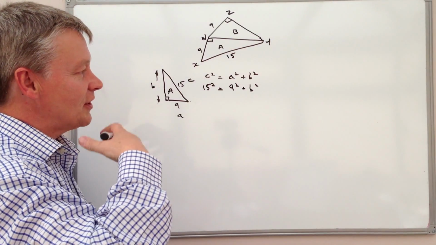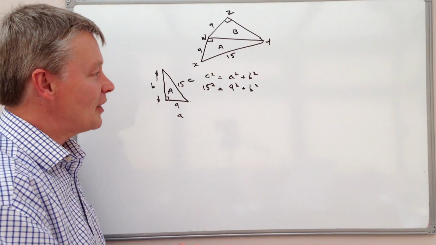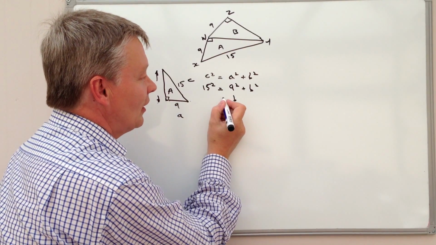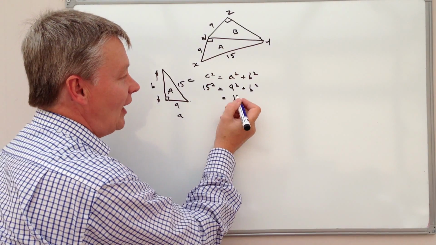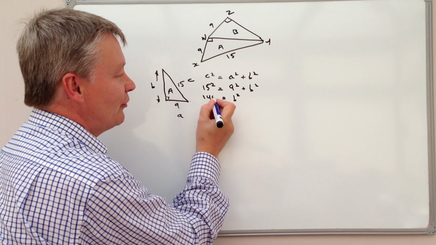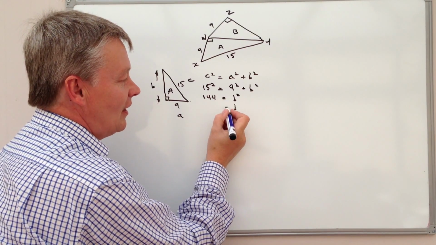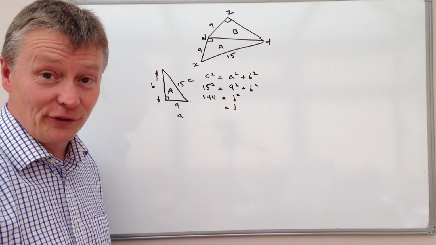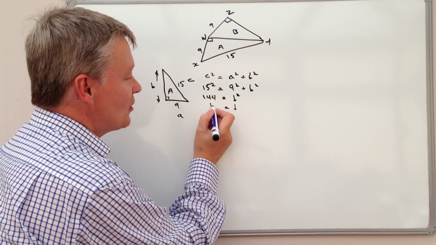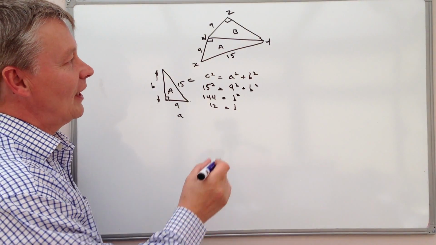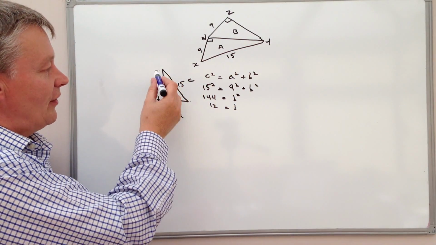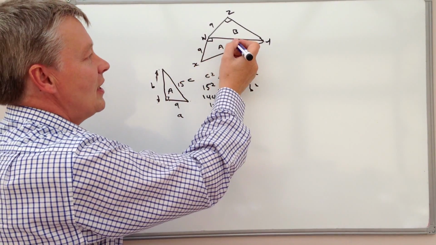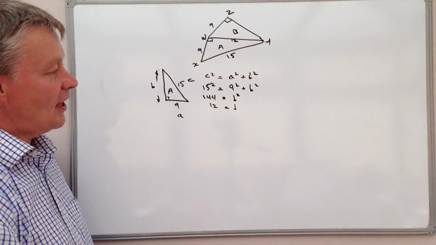If I do a little bit of manipulation of that, rather handily, B squared equals 144. So B is the square root of 144, which is 12. So what I've calculated is that the length WY, or this length here on my drawing, is 12 centimetres.